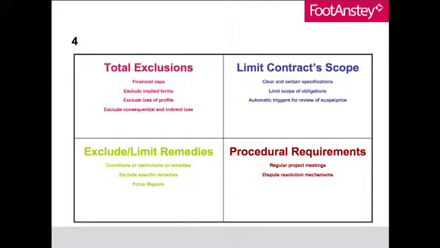With the total exclusions box, we're talking about essentially putting a ceiling on the risk you're willing to take on and saying, above this figure, £10,000, £100,000, £500,000, I am not going to take on any further risk. I'm not going to pay out any more than that in aggregate or per incident of things going wrong. That's simply my cap. So if you hear people talking about cap, they're just really talking about a ceiling.